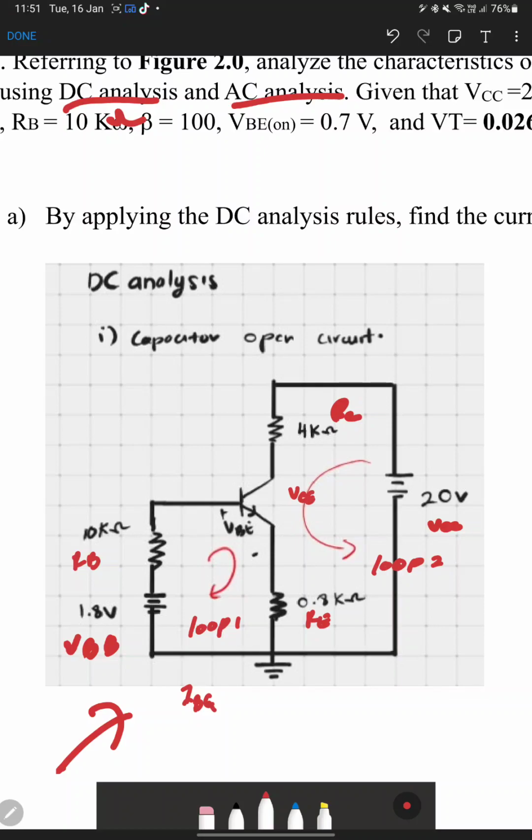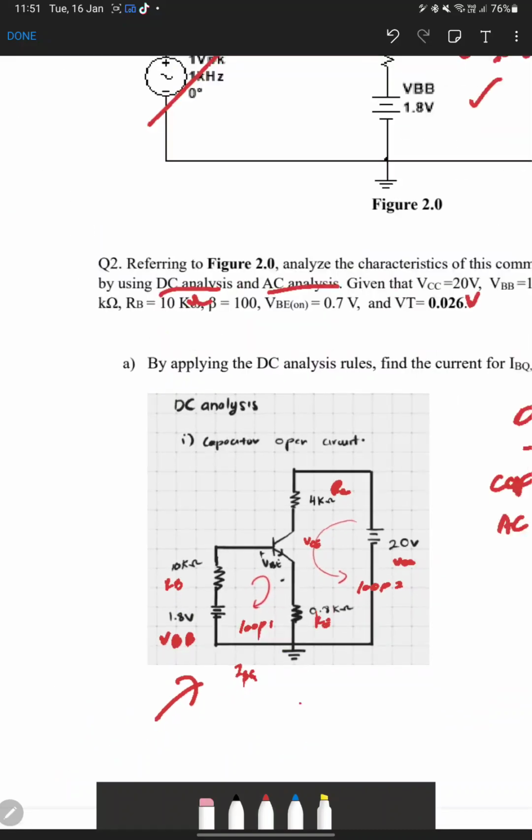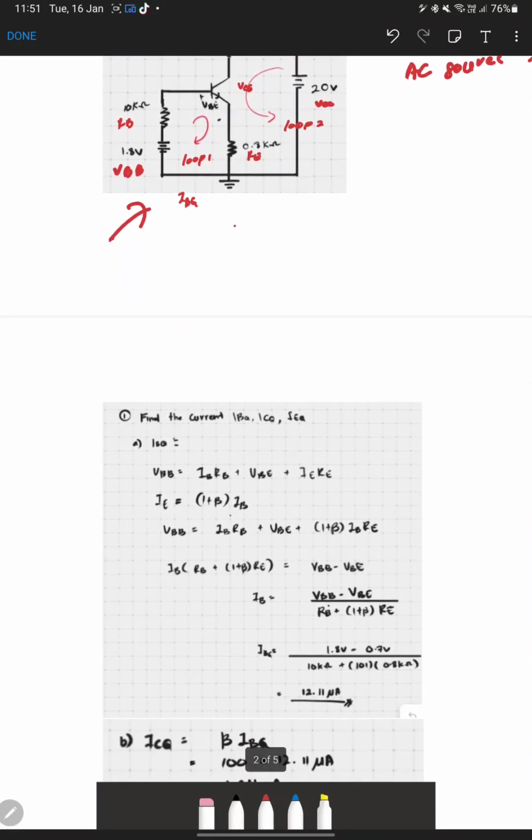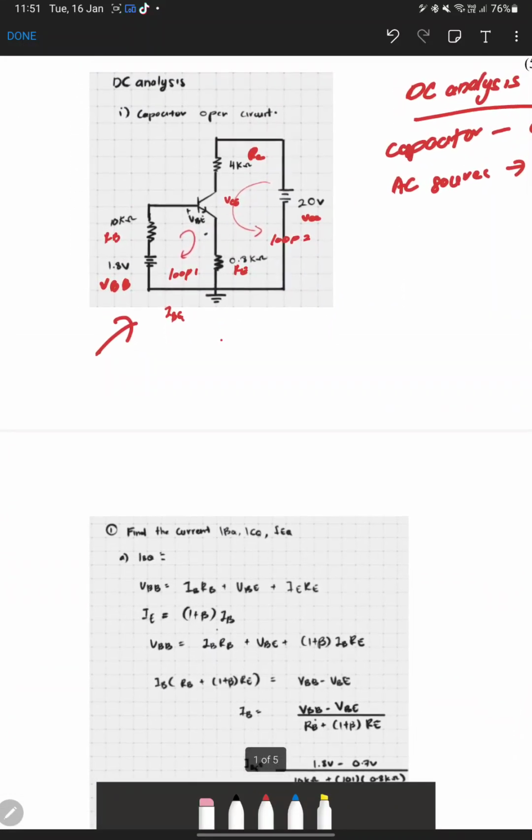Alright, let's do the first loop. Okay, in the first loop you start from the source.